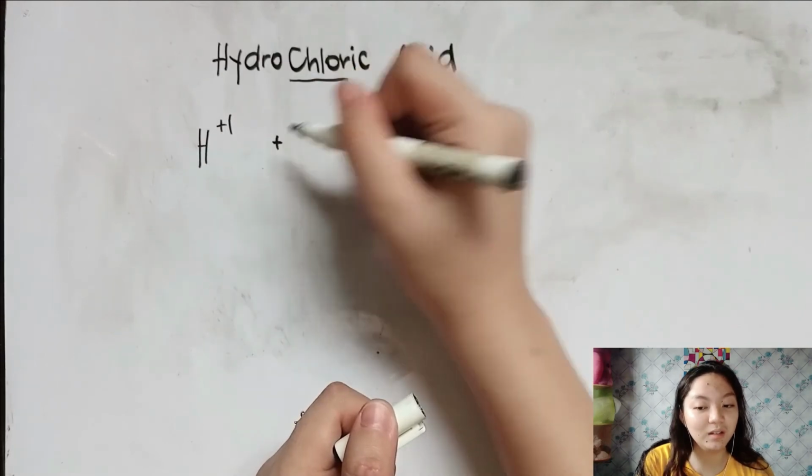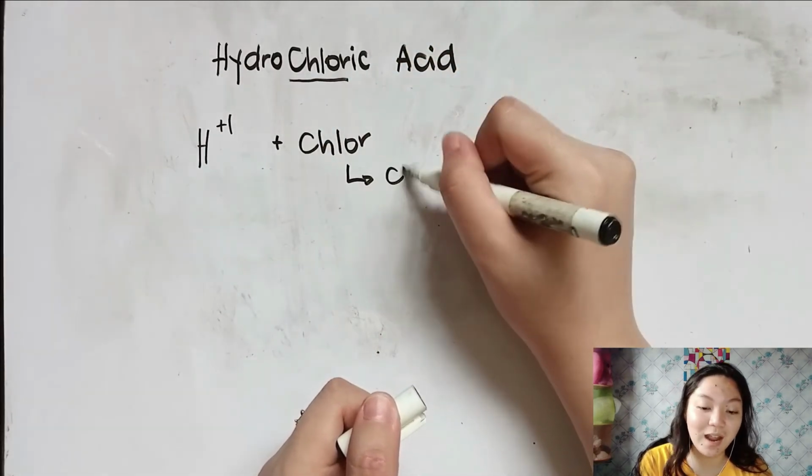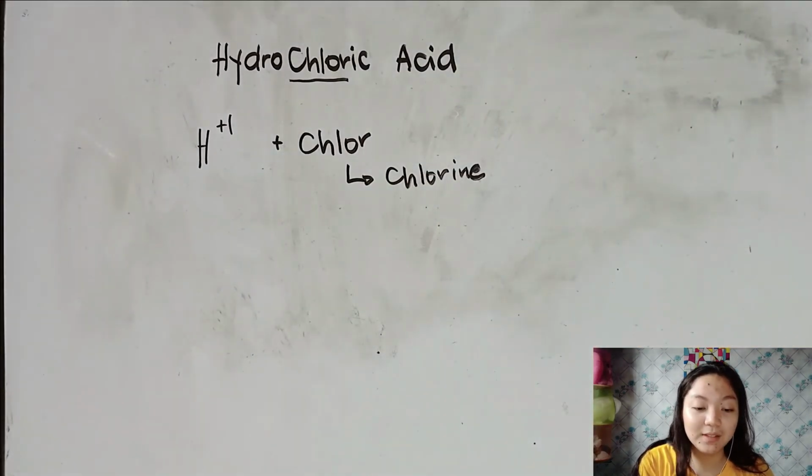But how can I identify if it is binary or polyatomic ion? If the compound doesn't have oxygen, we can use the -ide equals hydro-blank or the root name of the element plus -ic acid.